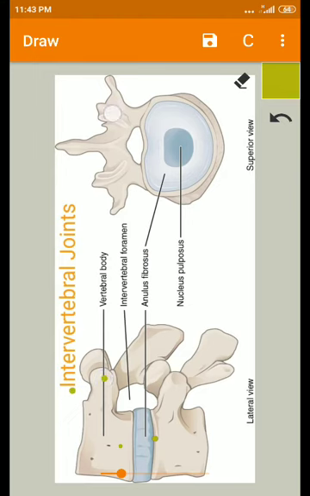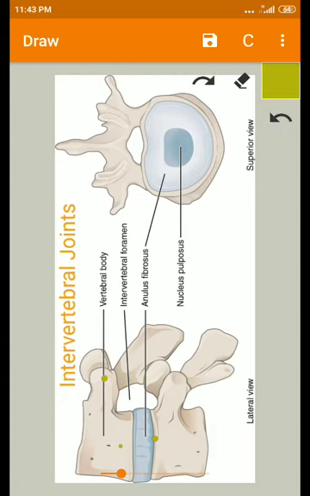Then, right and left, we have two articular surfaces here, isn't it? The right and left articular processes are going to join with the inferior or superior articulating surfaces, forming facet joints.